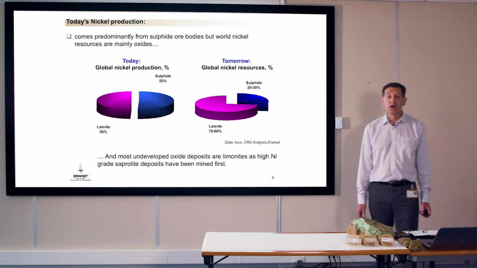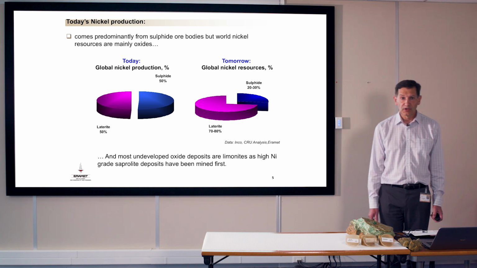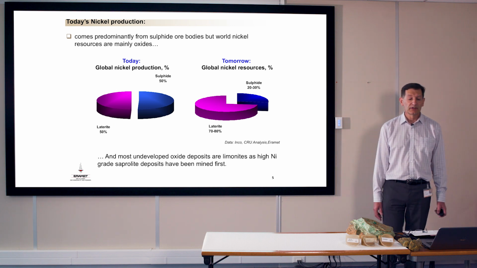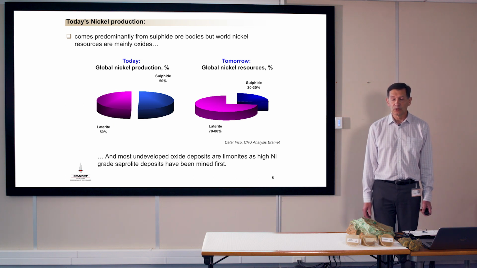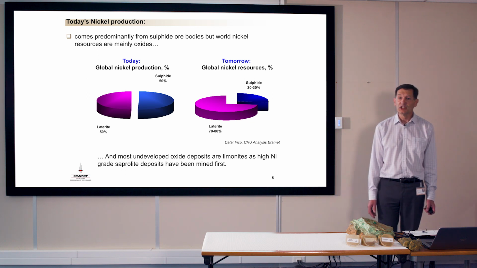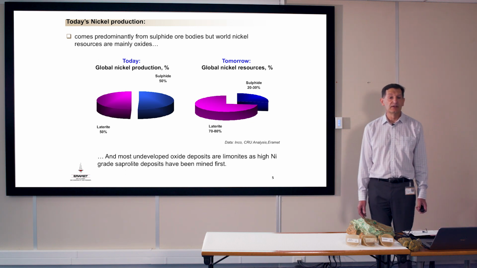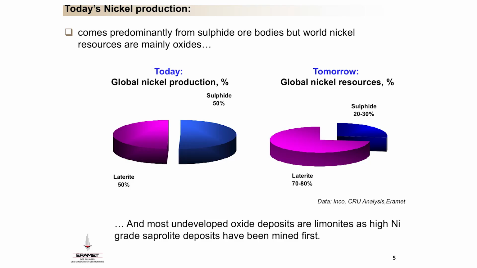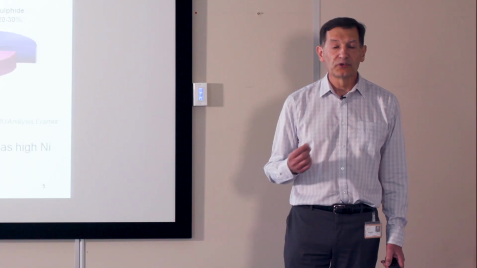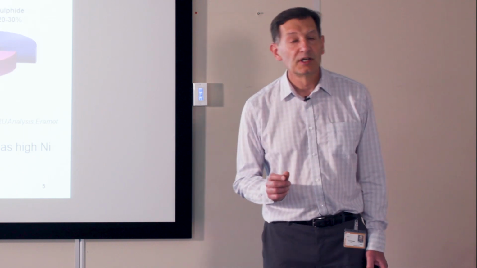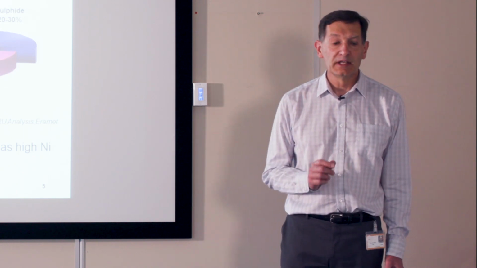But if you look at the resources, the available ore body in the world, more than 70%, between 70 and 80% of the nickel resources, are in the laterite. And you have to know that in this laterite, only a small part is really treated.